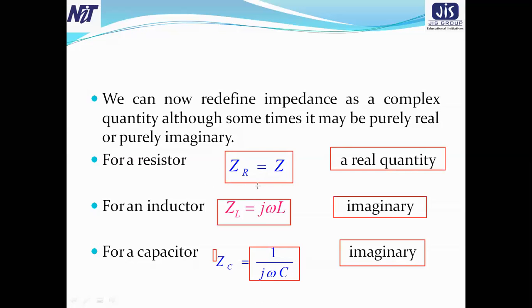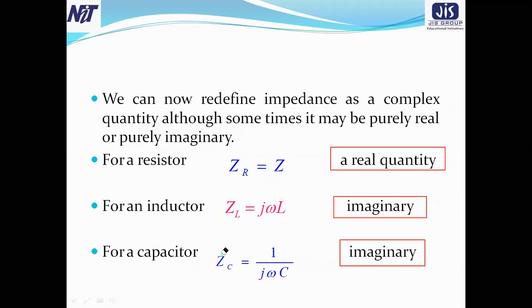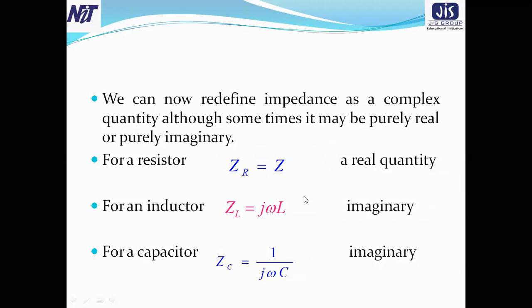When it is ZR, then it is only R. So we know that Z is a complex quantity because Z is the summation of R plus JX. Sometimes it is R plus JXL, or sometimes it is R plus JXC, or the difference between XL and XC. So for a resistor, it is a positive real quantity. For an inductor, it is an imaginary quantity, and for a capacitor, it is also an imaginary quantity. This is very important to understand.